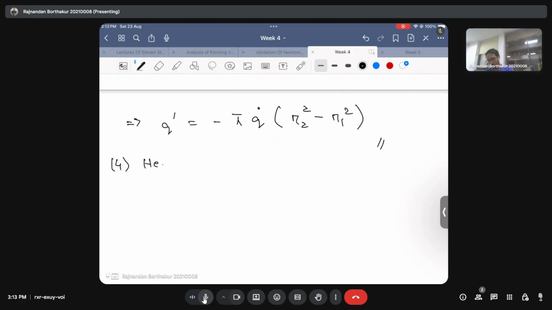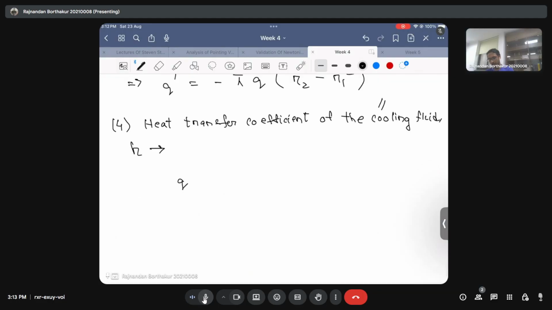We need to calculate the heat transfer coefficient of the cooling fluid, which we will call H. For this, we just need to say that my flux due to conduction at R equal to R1 should be equal to Q double prime due to convection at R equal to R1.